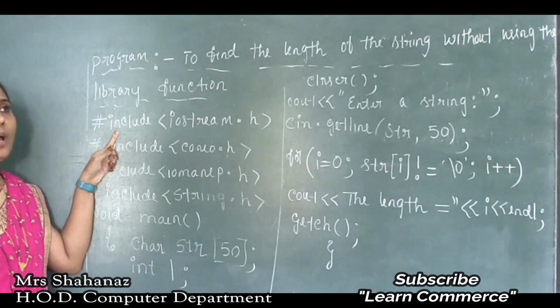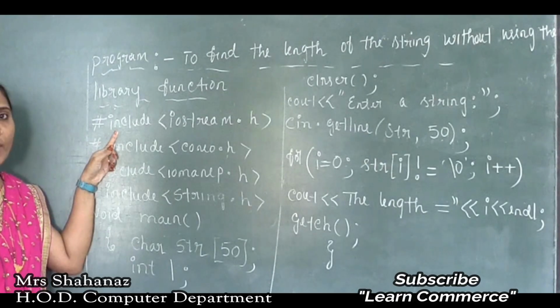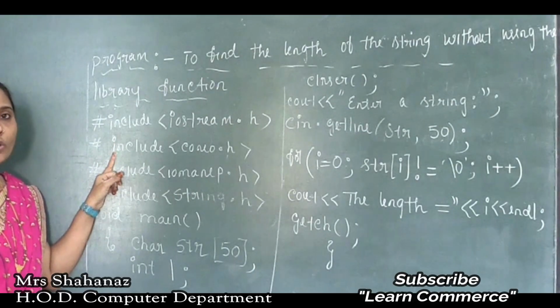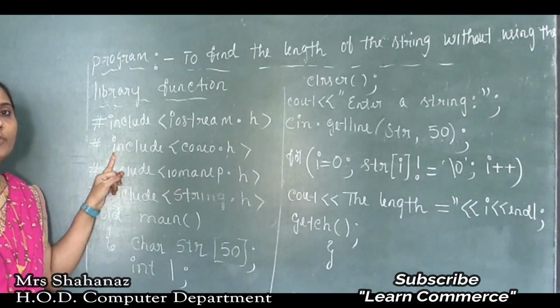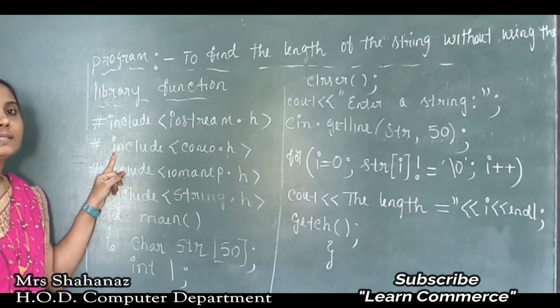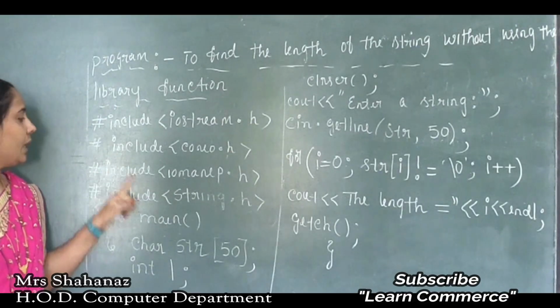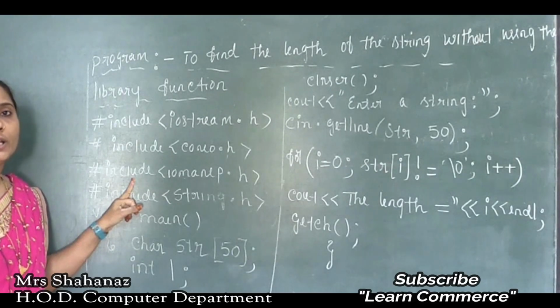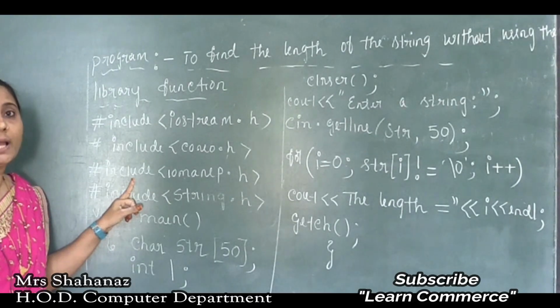As we know, first of all we need to use the header file #include iostream.h. Second, #include conio.h. We know the functions clrscr() and getch() are going to be used. The third header file is #include iomanip.h, which we use for endl and setw.